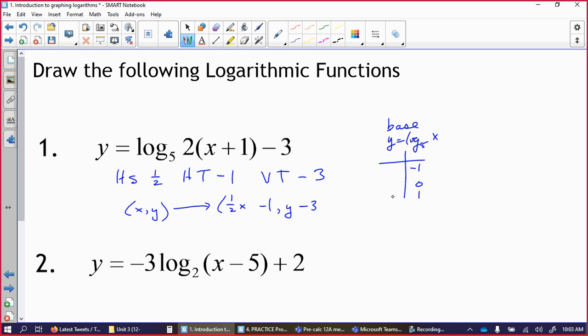So -1, 0, 1, 5, 1, and a fifth. So this would transform. I'm not going to actually plot the graph. This one has a vertical asymptote at x equals -1. So our transformed points.